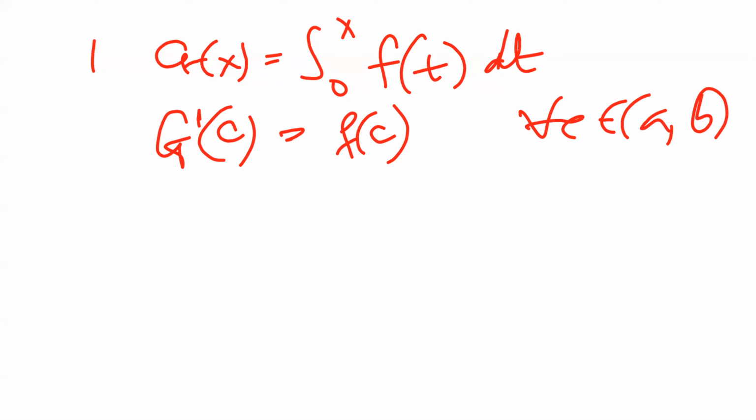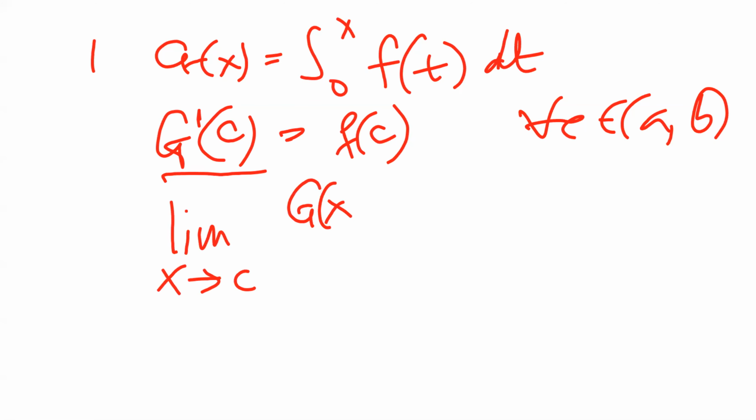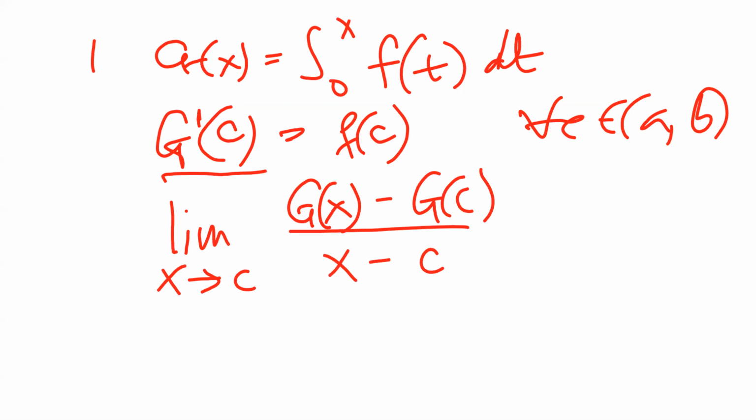Now look at the definition of G prime. By definition, it is the limit as x goes to c of G of x minus G of c, divided by x minus c. So we have to show that this quotient is very close to F of c when x is very close to c.